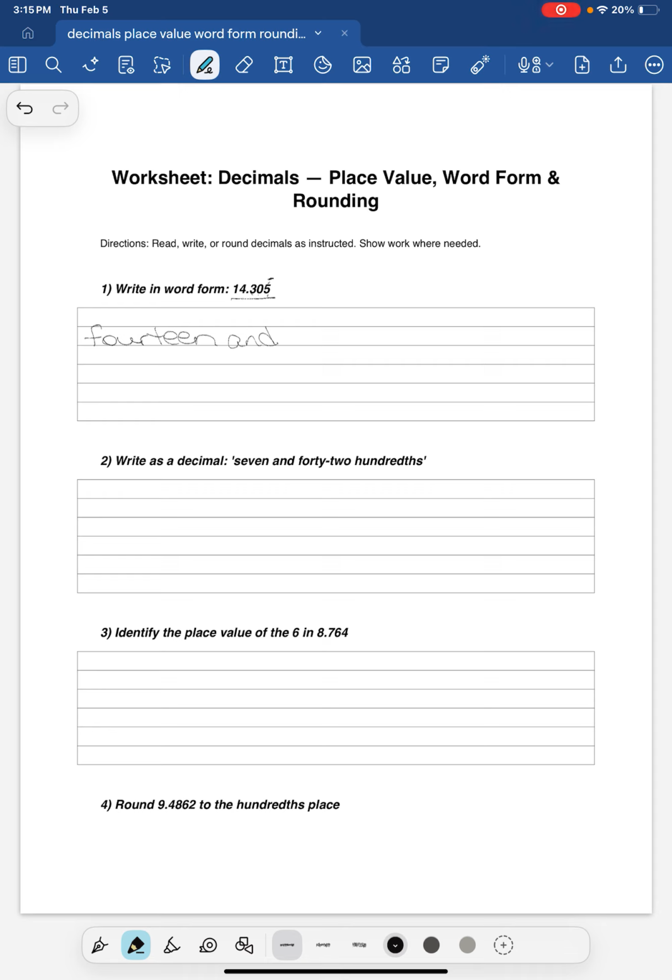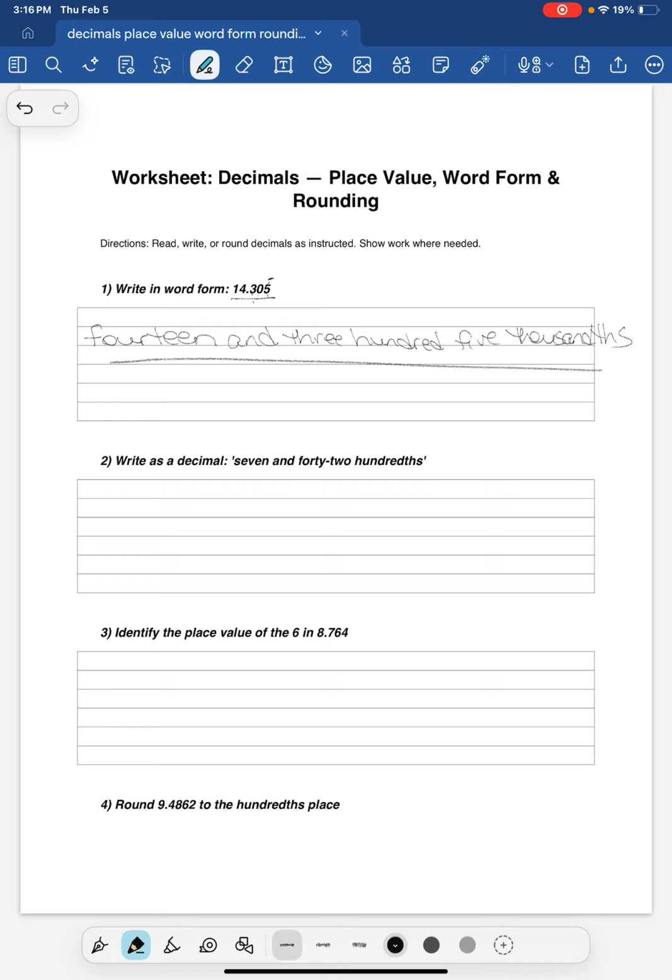So you're going to have 14 and 300 5 thousandths. That is how you actually are meant to say or write out that number. Not 14.305. 14 and 305 thousandths is the proper way to say that number.